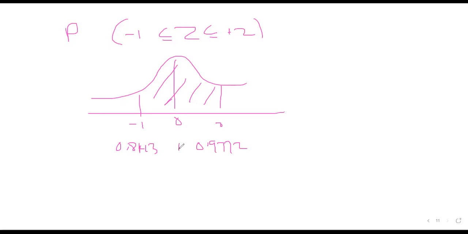What you do is just add them and subtract 1. That is what we do if they're on opposite sides. So when you add 0.9772 and 0.8413 and subtract 1, we're going to get 0.8185.